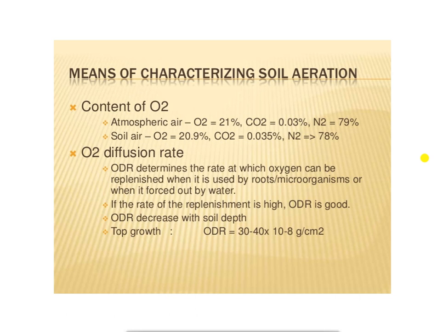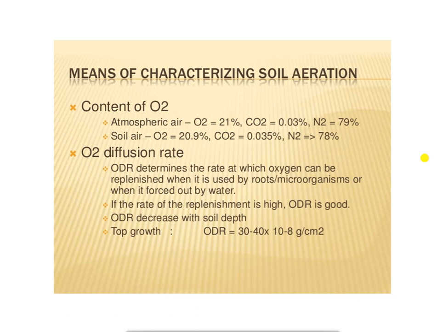Do you know what ODR is? It determines the rate at which oxygen can be replenished when it is used by roots or microorganisms or forced out by water. It is called oxygen diffusion rate. ODR decreases with soil depth. Top growth of roots is observed under ODR of 30 to 40 times 10 to the power minus 8 gram per centimeter square.